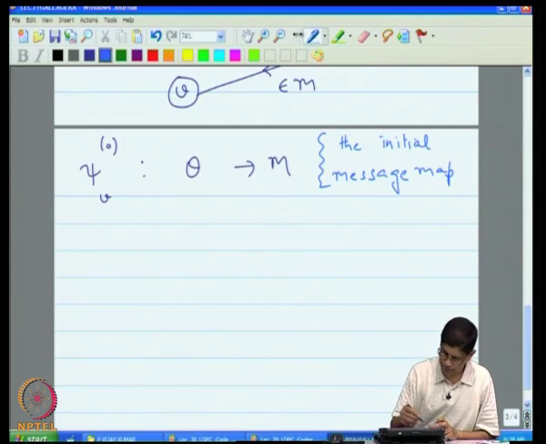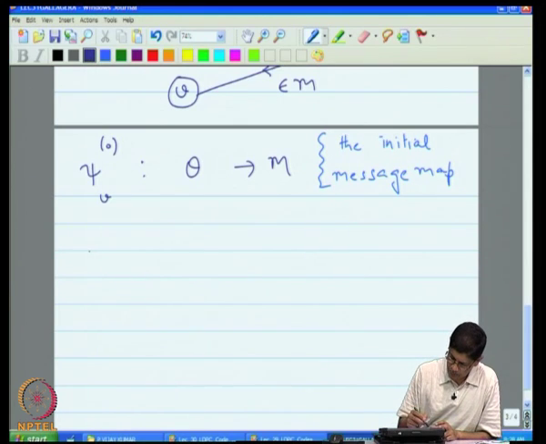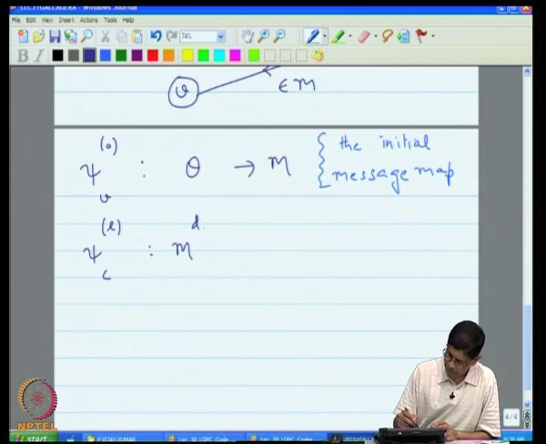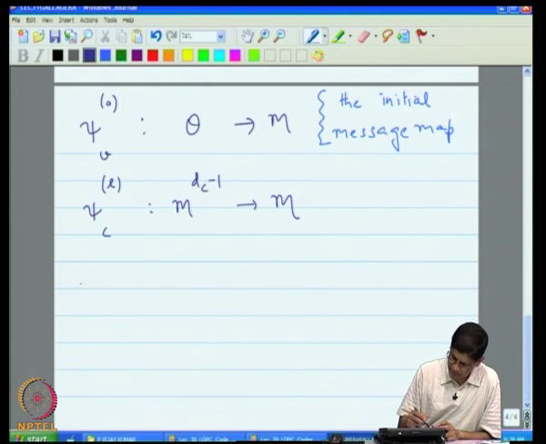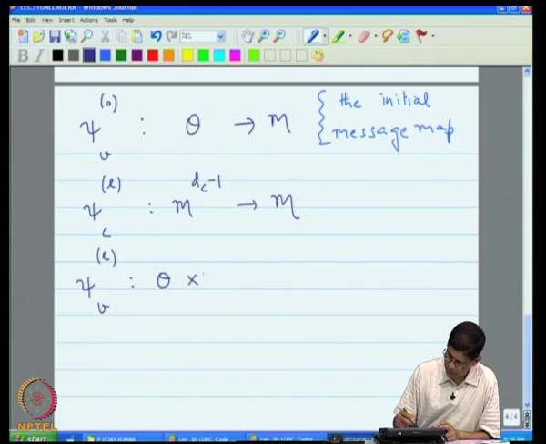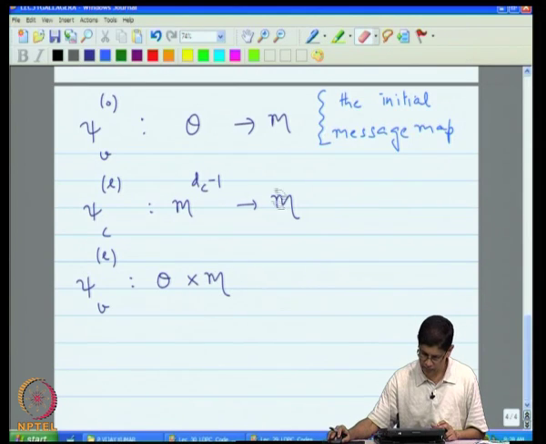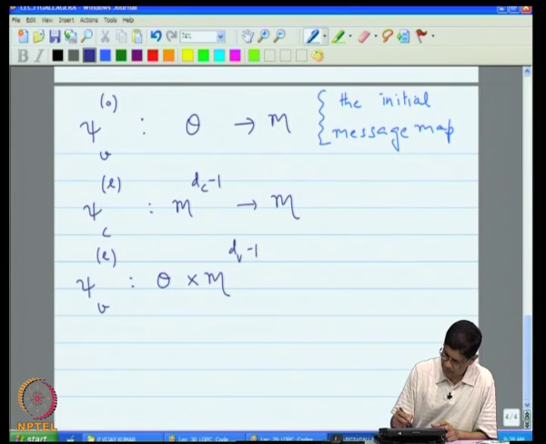Now, on the other hand, at a check node, so that is the C here, and during the Lth iteration, the incoming messages, since there are d sub c minus 1 inputs, it is going to map that to M, and in subsequent iterations at a variable node, the map is from the output of the channel alphabet and taking into account the incoming messages, which are dv minus 1 in number, you map this to the message alphabet.